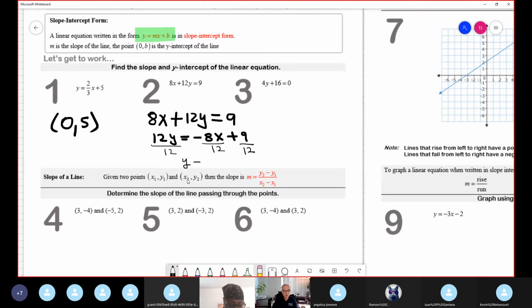With y alone, reduce to the lowest terms. Because I know that's divisible by 4, it is minus 2 over 3. So 8 divided by 4 is 2, 12 divided by 4 is 3, because the greatest common factor between 12 and 8 is 4.